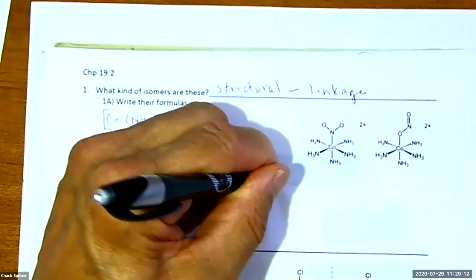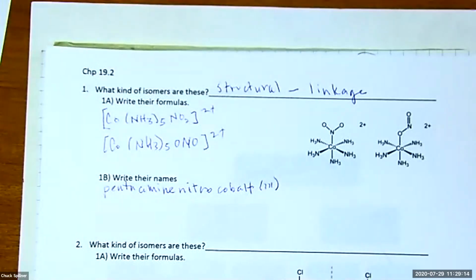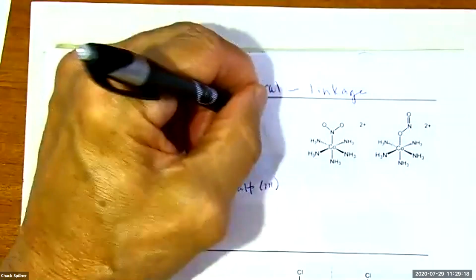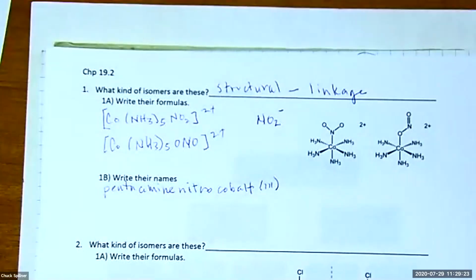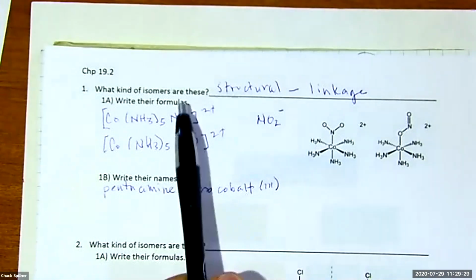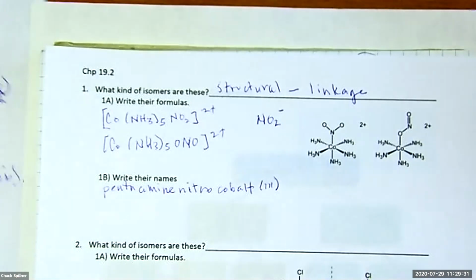Remember I said the nitrite ion? So let me just write that here. So it's a nitrite ion. So it's NO2 minus. Okay, that's what the NO2 is. So that's how we know, since the charge of the whole ion is 2 plus, that means the cobalt is a cobalt 3.